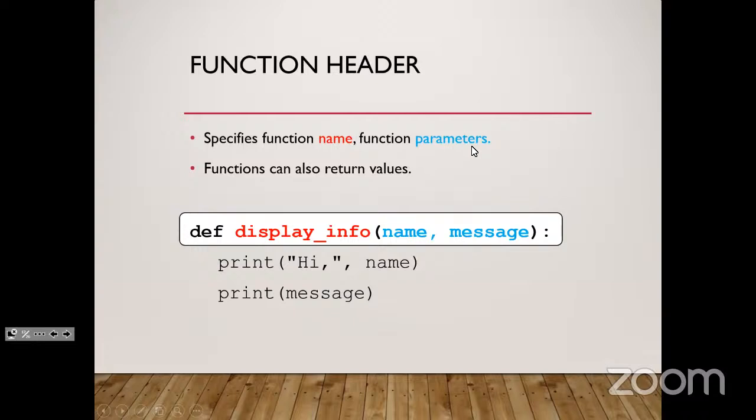So the name variable could hold Tracy. It could hold Bob. It can hold Alex. It could hold whatever we make name before it gets passed in. And then the message could be anything. It could be a hello message. It could be a paragraph worth of stuff. It doesn't matter. Whatever's stored in that variable is what's going to be printed, just like we did before with print statements.